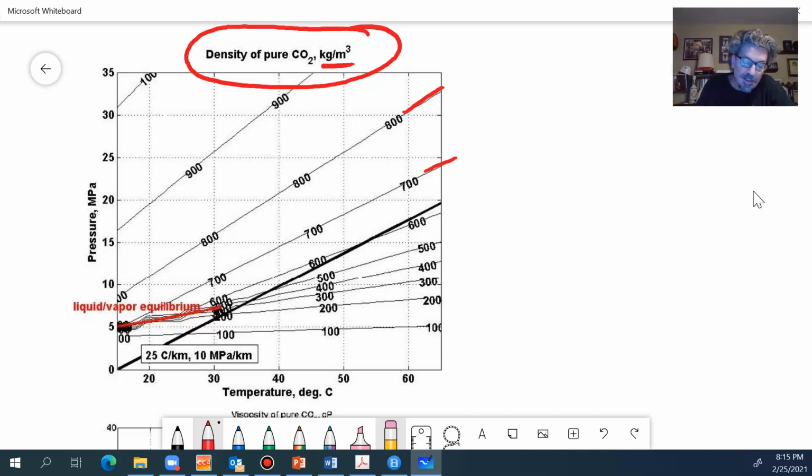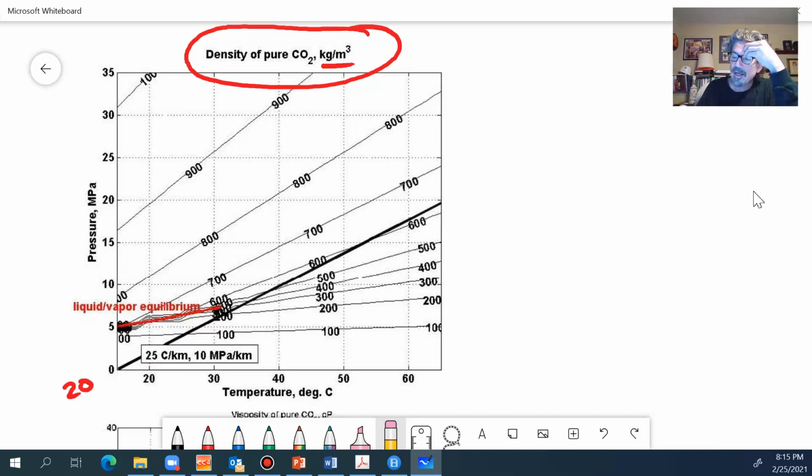There's a line on here, this black line is for 25 degrees C and 10 MPa per kilometer gradients. We're not using 25, you're using 20, so that line is not your data line. So what you're going to do is figure out some temperature and pressure, and then you come to this chart and figure out the density.